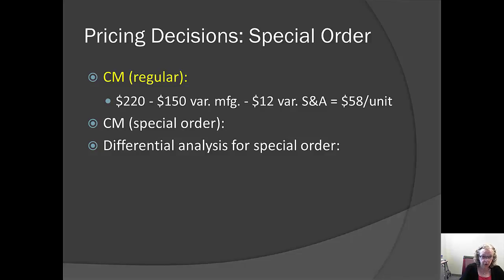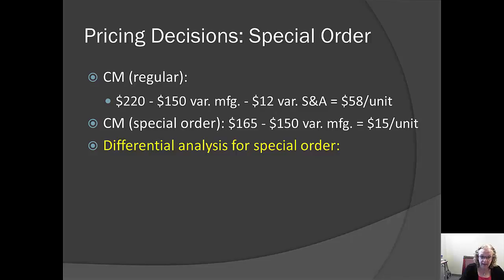On a special order, the selling price is $165. Variable manufacturing hasn't changed, but remember, in this particular situation, we were told there was no variable selling and administrative. That was treated as a fixed cost. So net, the contribution margin is $15 per window.